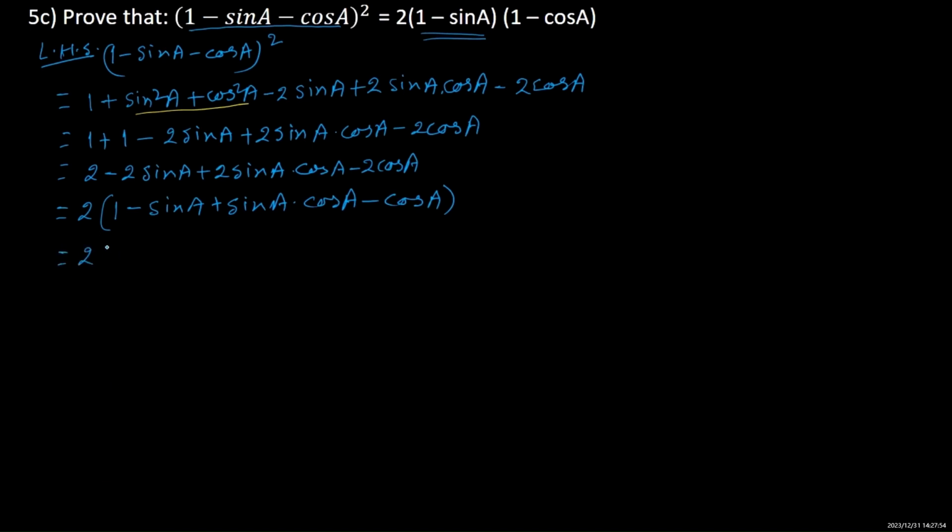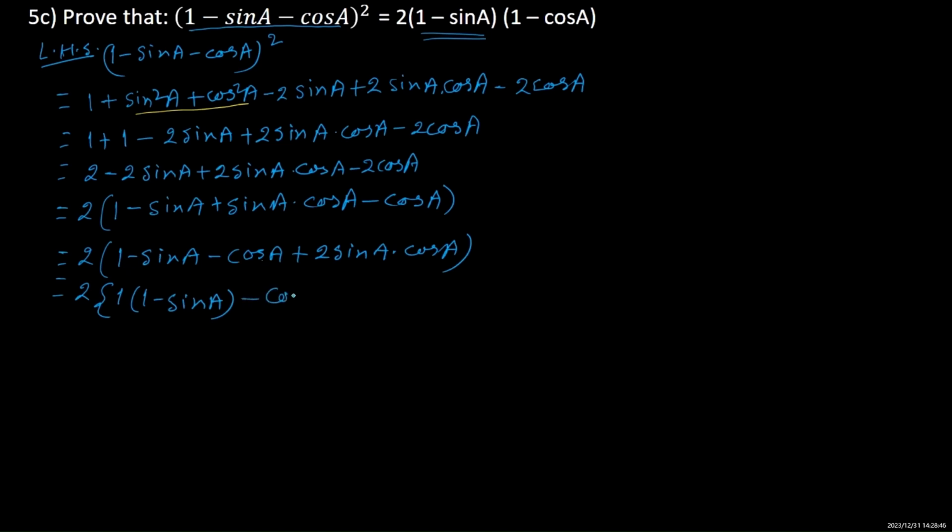This is equal to 2 into 1 minus sin A. We'll take minus sin A before cos A, and we'll get minus cos A plus sin A into cos A. Now 2 is common already, and from the first two terms we'll take 1 common, and there will remain 1 minus sin A only, because after taking 1 common nothing will be changed.